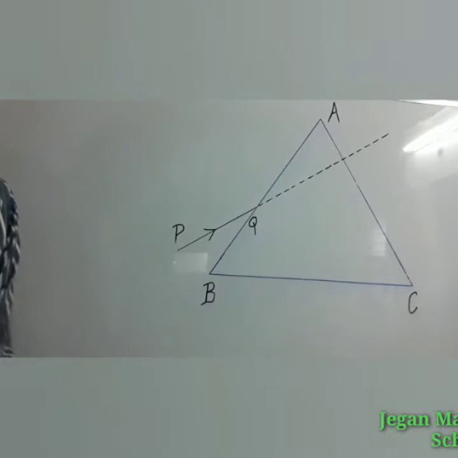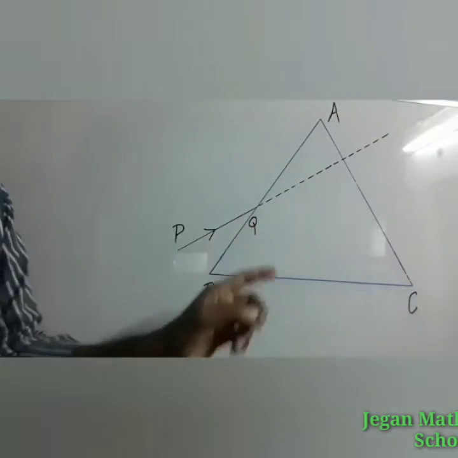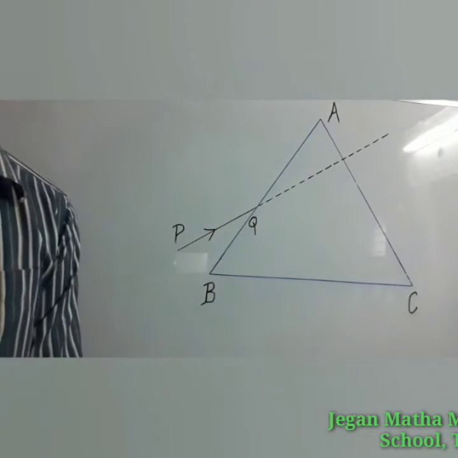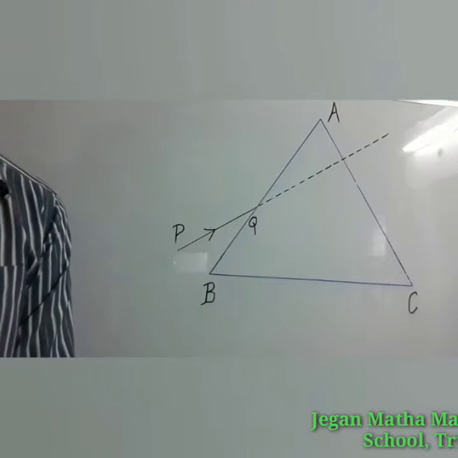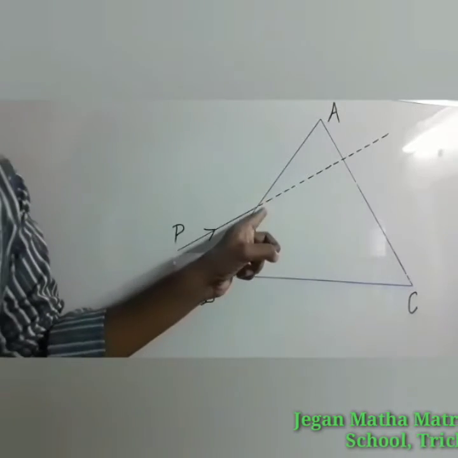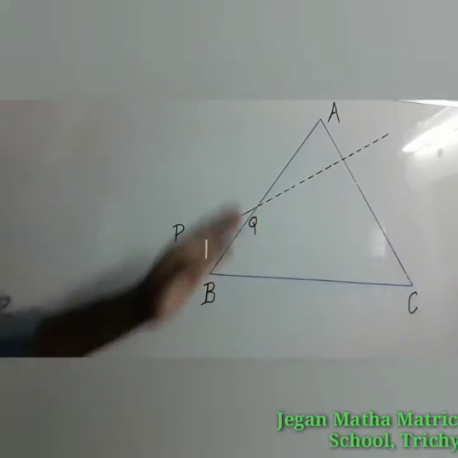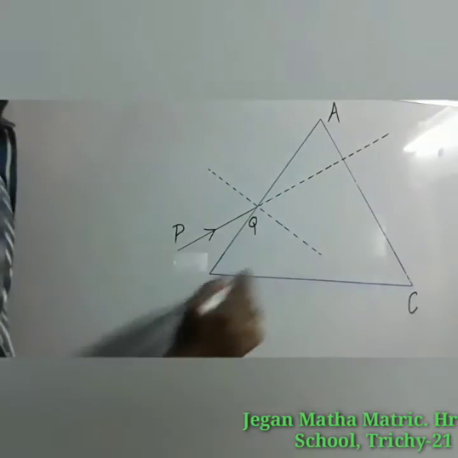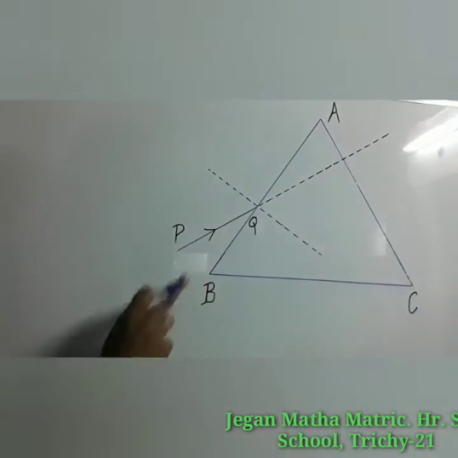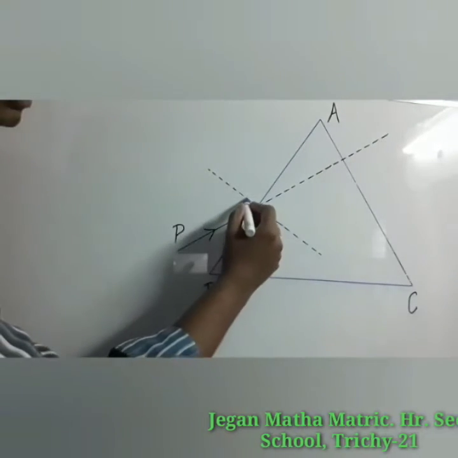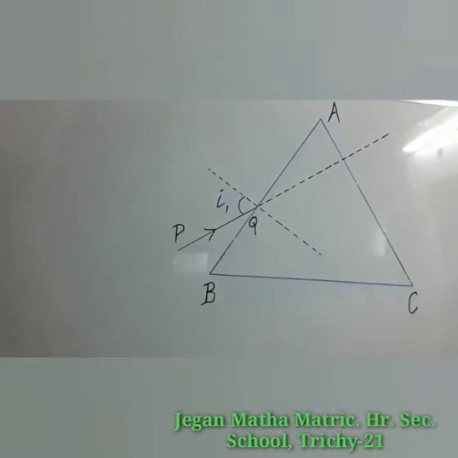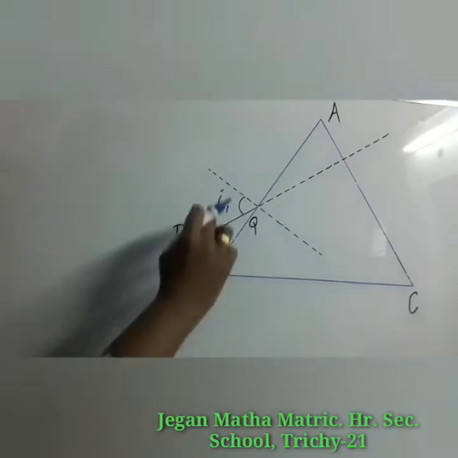In the diagram, the light ray PQ is incident on the polished surface AB. To find the angle of incidence and angle of refraction at the first surface, we have to draw the normal. Here I have drawn the normal. The angle between the incident ray and the normal is known as the angle of incidence. Let us note that down as I1.